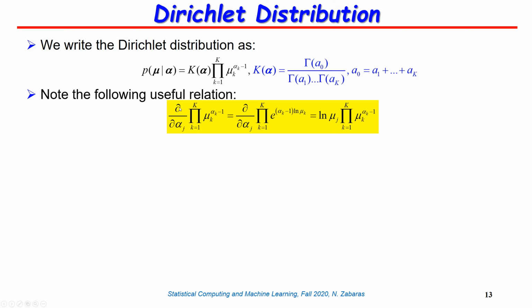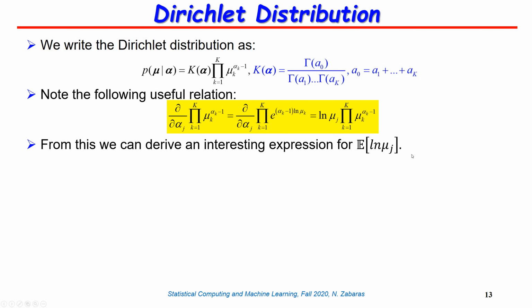So effectively, when you take derivatives with respect to alpha j, you will get log of mu j times the product that you started with. You can again spend a few seconds looking at this, and if you have any questions you can come and ask me about it. But the derivative with respect to alpha j is log of mu j times this product.